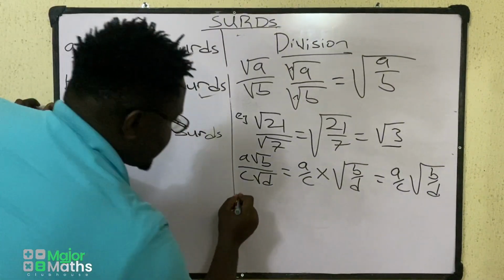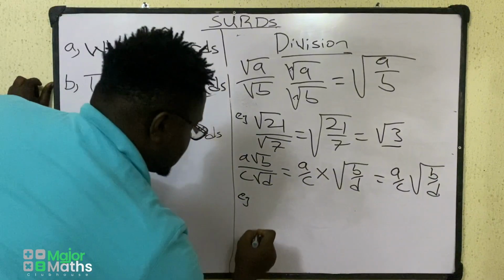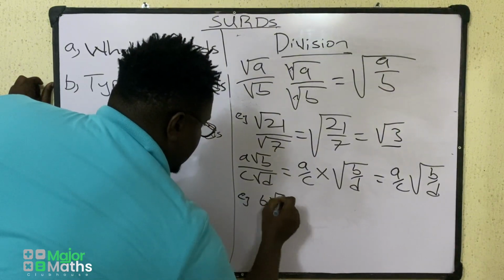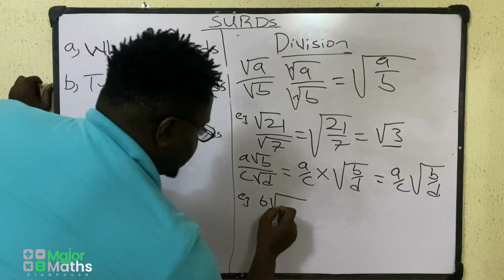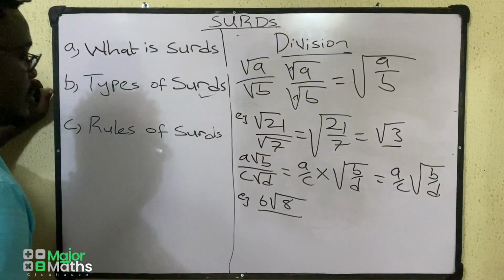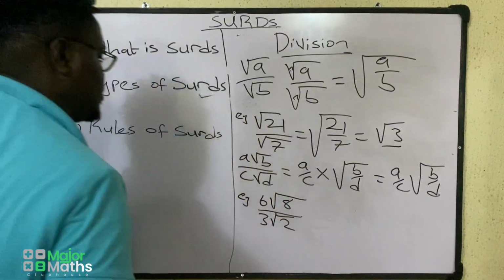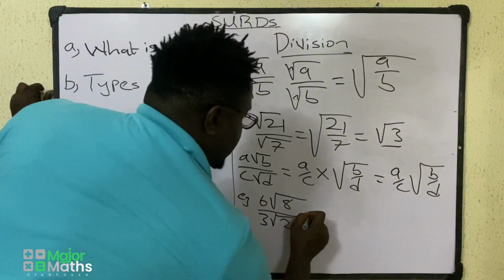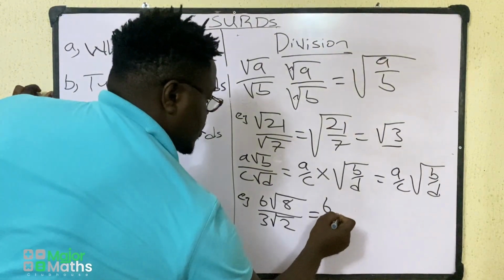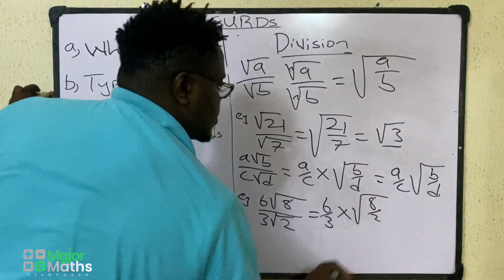So a classic example could be if I say 6 root 8 over 3 root 2. Using this tool, you say 6 over 3 times root 8 over 2.